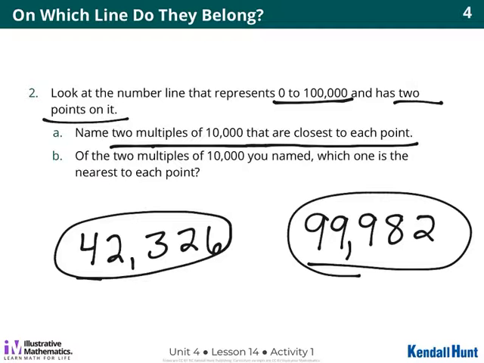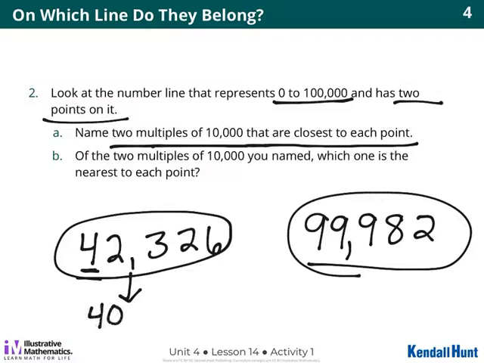So if I look at 42,326, I'm thinking, and you guys had a nice number line to look at, is it closer to 40,000 or is it closer to 50,000? What is it, everybody? 40,000.